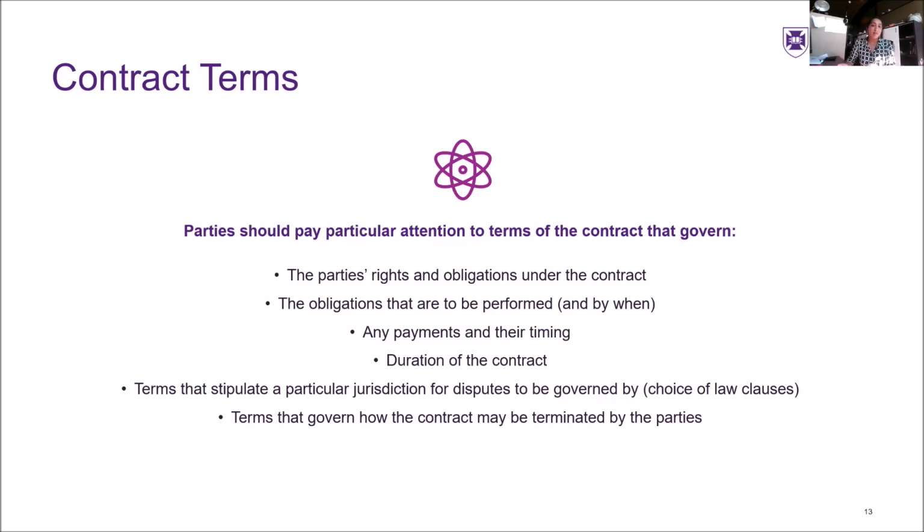Some maybe slightly overlooked terms might be ones that stipulate a particular jurisdiction for disputes to be governed by. These are called choice of law clauses. When you have cross-border contracts, which laws are going to dictate if you have a dispute or you need interpretation of clauses or need the courts to intervene. And also terms that govern how the contract may be terminated by the parties.